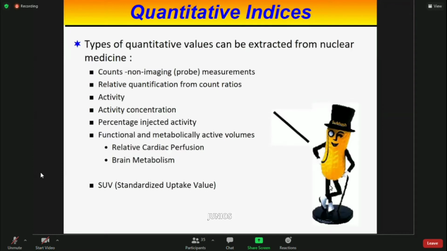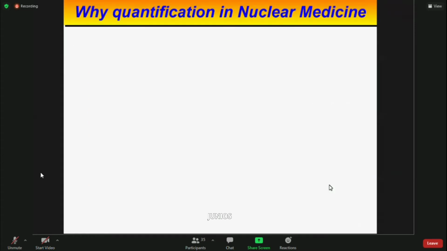These are the quantitative indices which can be extracted by nuclear medicine: count, relative quantification from count ratio, activity concentration, percentage injected activity, functional and metabolic activity volume, relative cardiac function, brain metabolism, and standard uptake rate. I will explain them one by one.